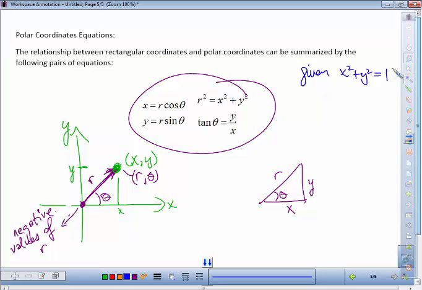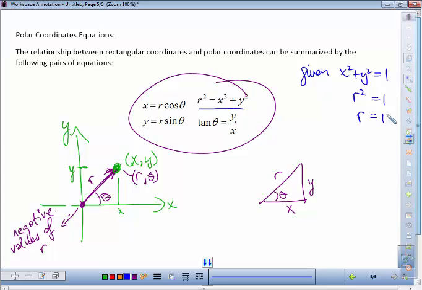We already know the answer because this is one of the activities that we did, but x squared plus y squared is r squared, according to one of the formulas, is equal to 1, and then you can take it one more step. The square root of that is just 1.